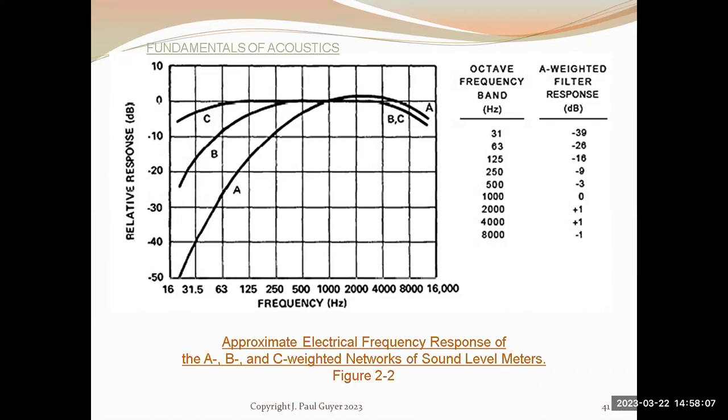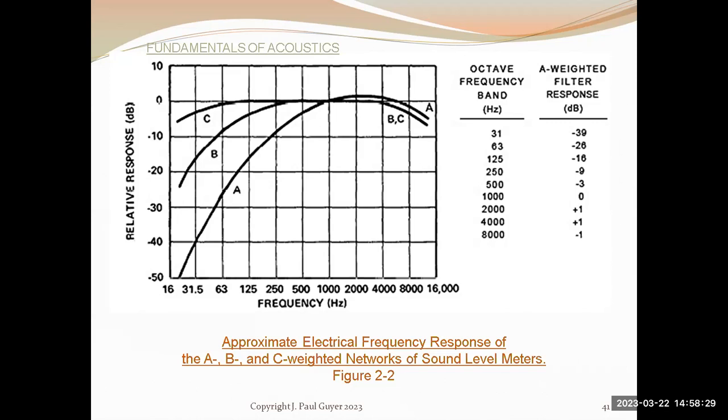The important point is that the A setting is kind of a representation of the sensitivity of the human ear. And so below 1,000 hertz, the human ear doesn't perceive as much sound.